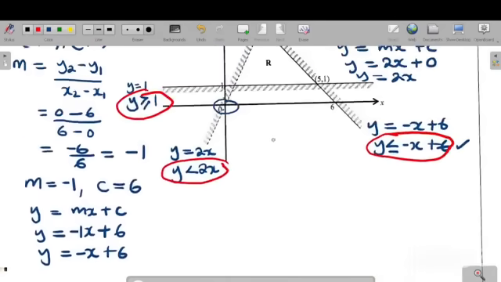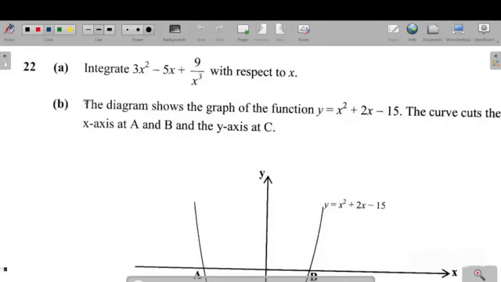All right. Question 22, part A says integrate this function with respect to x. One thing that you have to know is that if they tell you to integrate a function ax to the power n with respect to x, which means dx, you are going to add a 1 to the power n, so you have n plus 1, then divide by the new power, n plus 1.